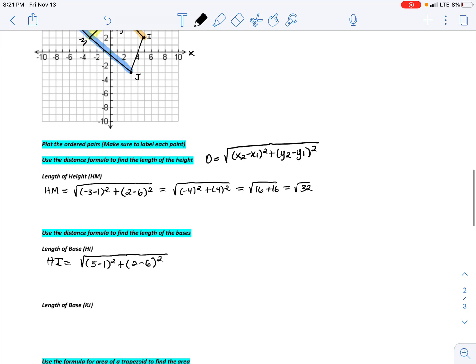And so from here, I'm just doing PEMDAS, or I'm simplifying what's inside of the parentheses. So 5 minus 1 gives me 4 squared, plus negative 4 squared, which is equal to 16 plus 16, which is equal to the square root of 32.